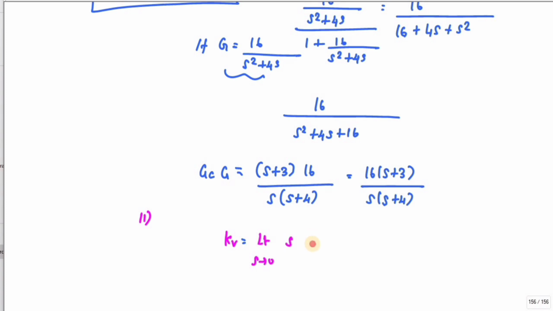So what is Kv? Kv is equal to limit s tends to 0, s into G into GC. So if you substitute s is equal to 0, I will get the answer as 12.